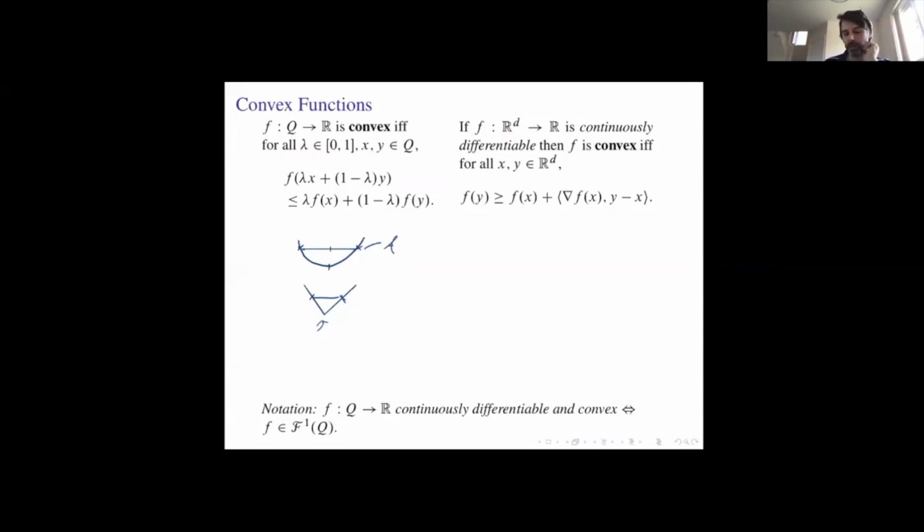R^d itself is also a convex set. 2 points in R^d, if you take a line between them, will lie again in R^d. So the second condition is this one here, saying if I take a point f(x), I take the gradient or derivative at x of f and go in direction y minus x, then I must stay below the point f(y).